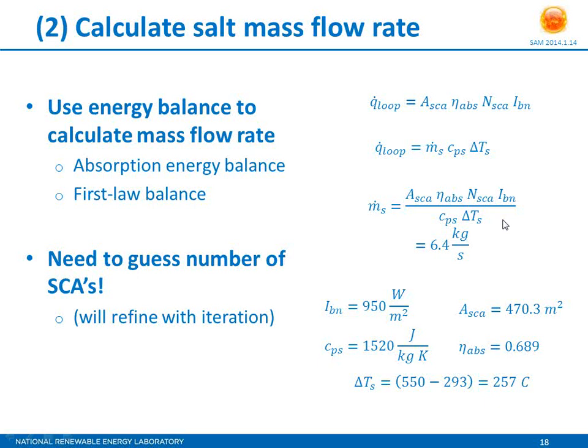Because we're guessing something about the loop, in future steps we're going to iterate and come back to these equations and update that guess with more accurate values as we go through. And eventually we'll hone in on what the number of SCAs, the number of collector units, should be in the field. So that's ultimately the goal here.